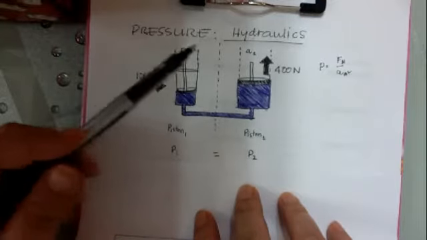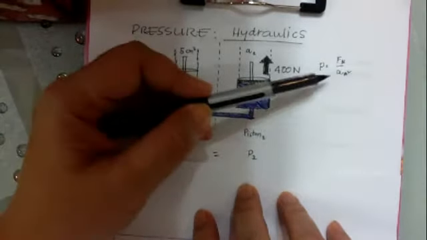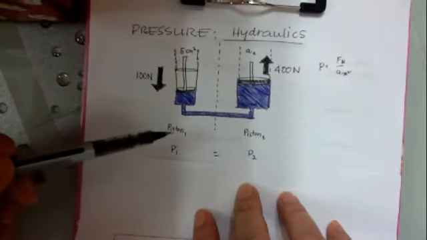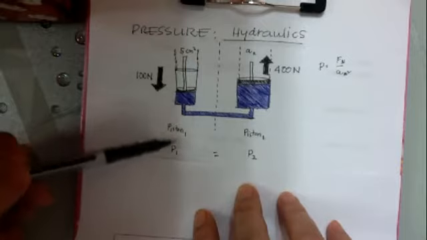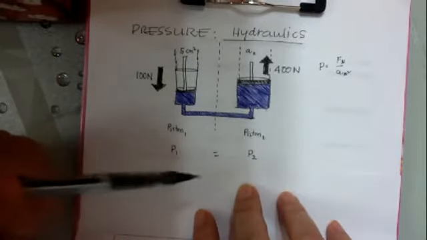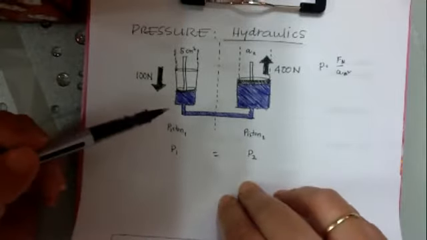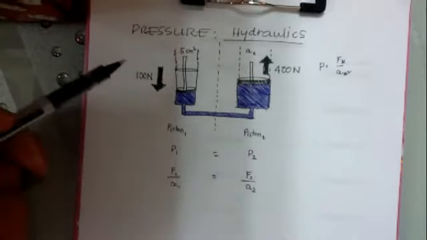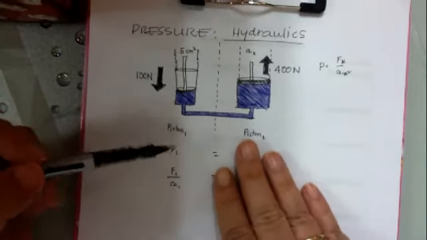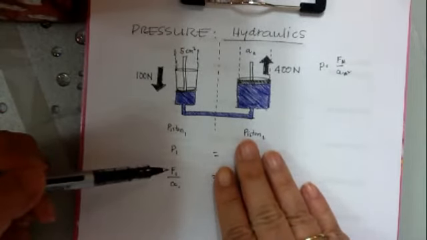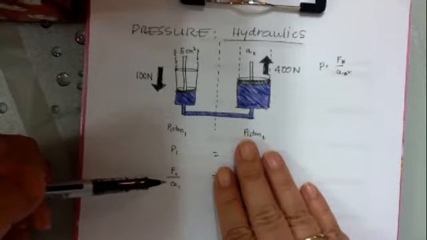So let's put together everything we know. We know the formula for pressure. We know that in a simple hydraulic system, the pressure of piston 1 is equal to the pressure of piston 2. In order to solve for the pressure of piston 1, we divide the force applied on piston 1 by the area of piston 1.